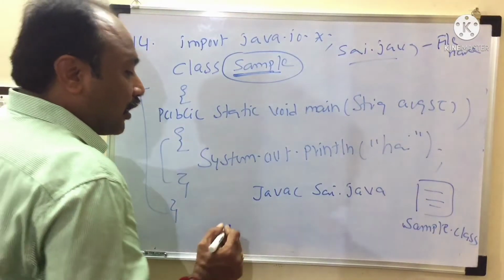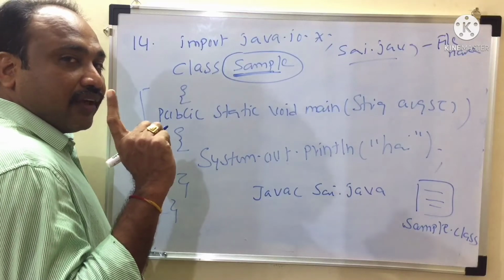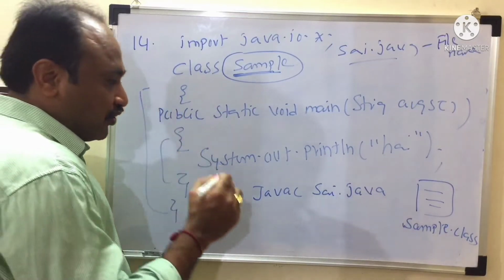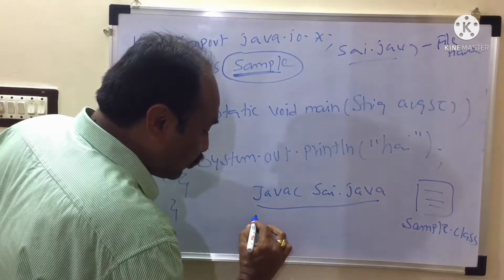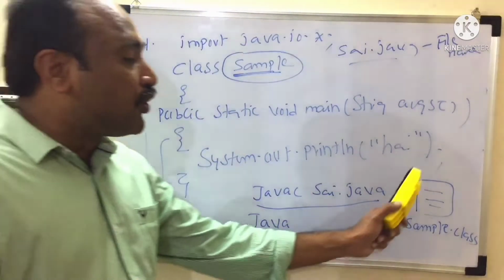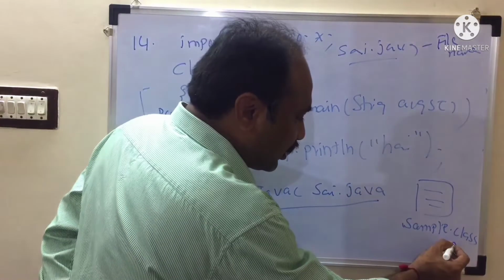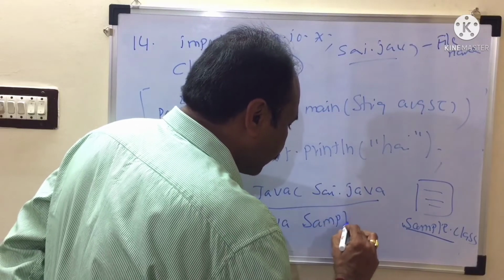Java is referred to as a compiled and interpreted language. We use the compiler to convert source code into byte code. Now we use the Java interpreter to convert byte code into machine code. Where is our byte code stored? Under the name sample. So use sample.